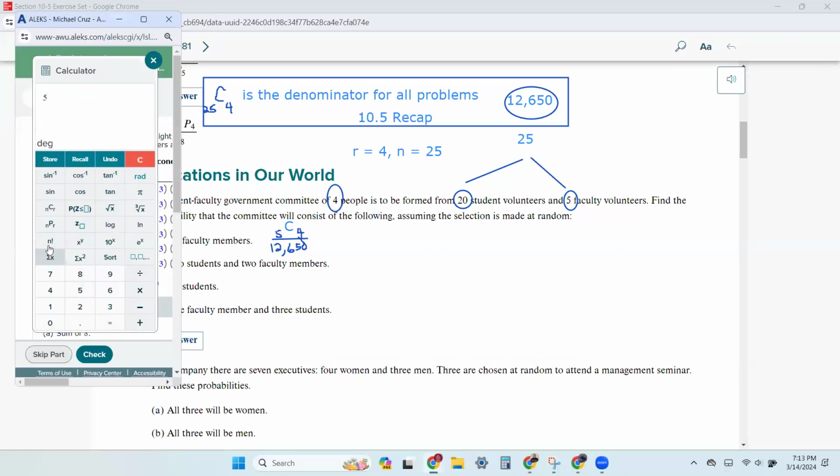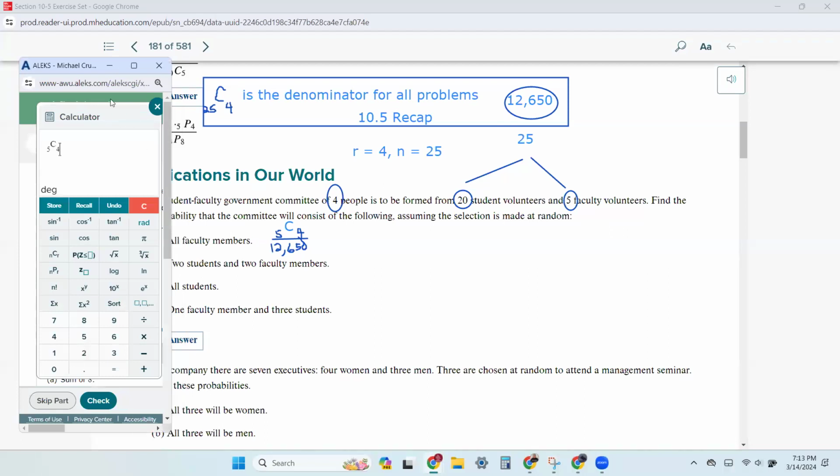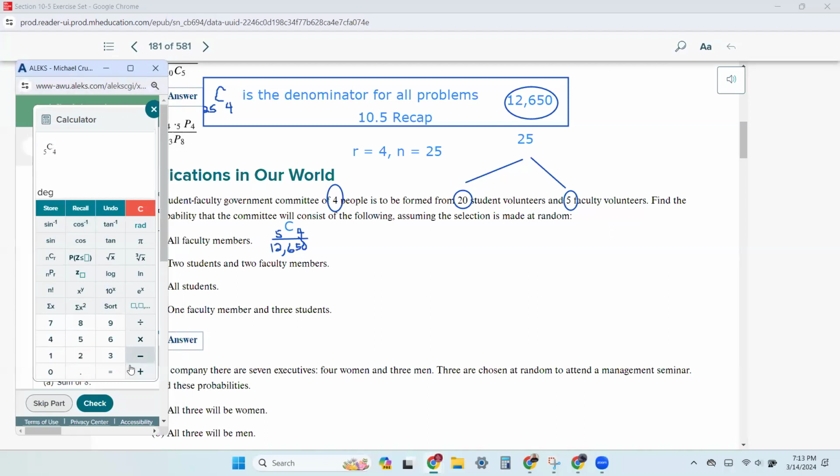It's going to be 5C4, because we're picking our 4 and we want them all to come from the faculty members, and there are 5 of those. And there's the denominator, we already decided about that.